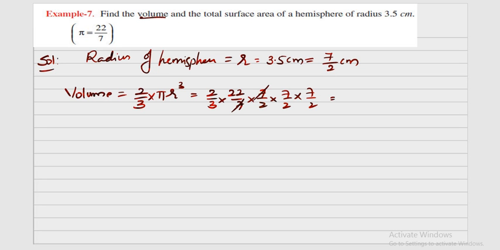Now what I am having here: 2 into 22 is 44 into 49, divided by 8 3s are 24. Furthermore cancellations are possible now. So 2 2 gets cancelled. This 2 in 22, it goes 11 times. So 7 7s are 49, 49 11s are.